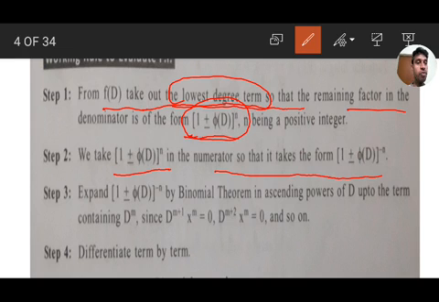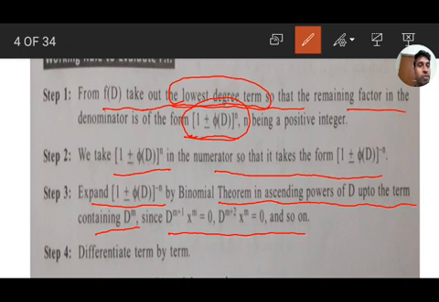Next, expand 1 plus or minus phi of D, whole to the power of minus n, by binomial theorem, in ascending powers of D, up to the term containing D to the power of m, since the remaining D to the power of m plus 1 derivatives of x to the power of m are all zeros.